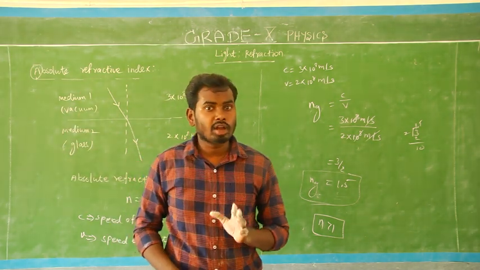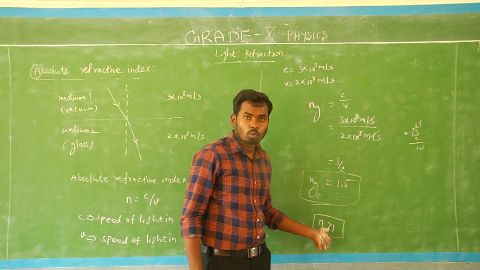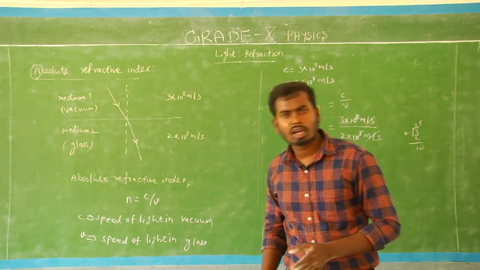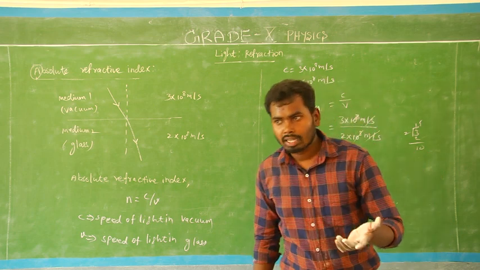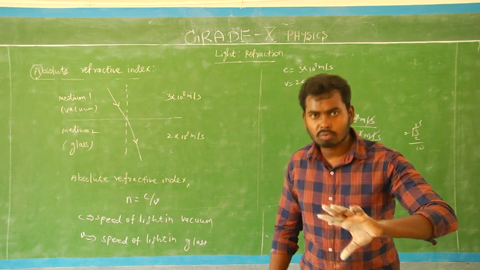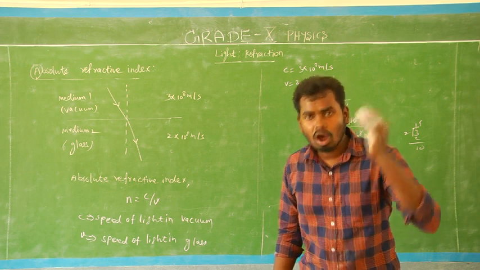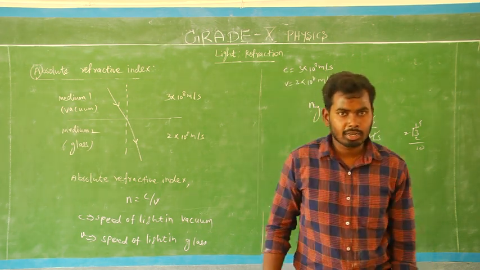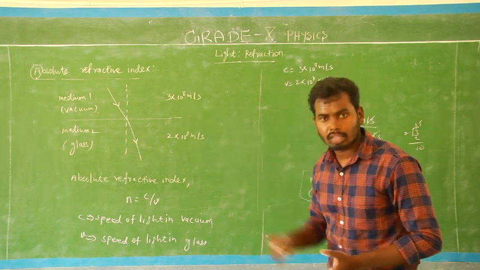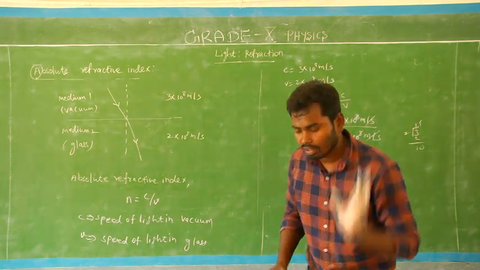The refractive index value is always greater than 1, whatever the medium: diamond, sapphire, ice, kerosene, alcohol, whatever it is. Very, very simple.